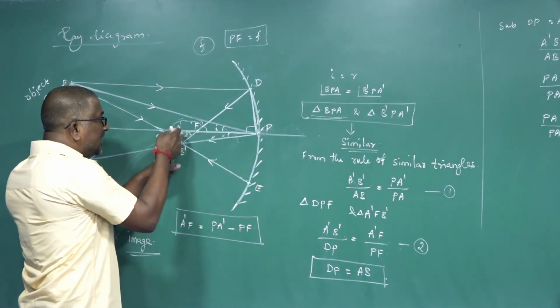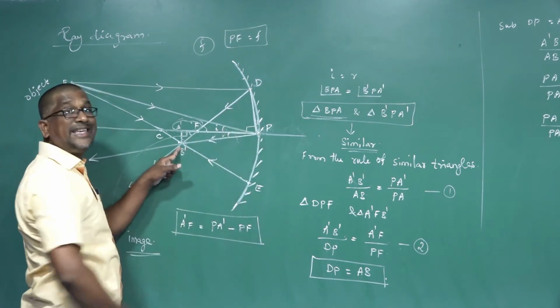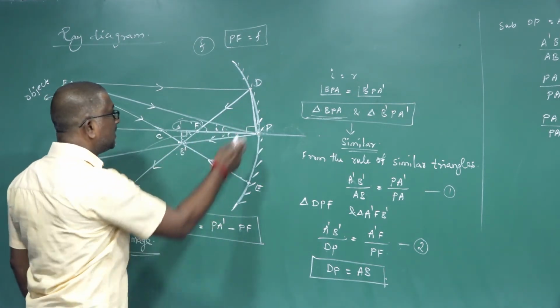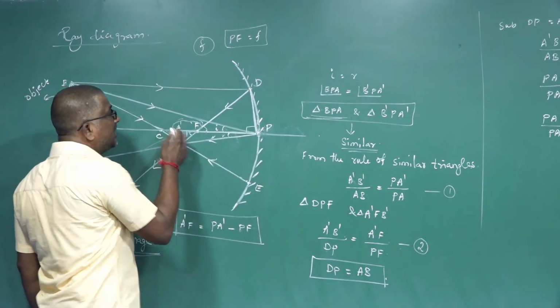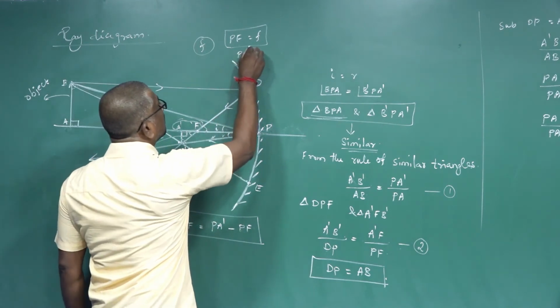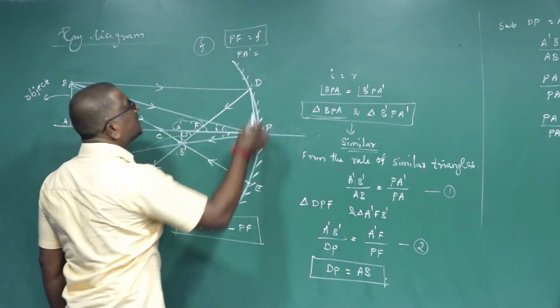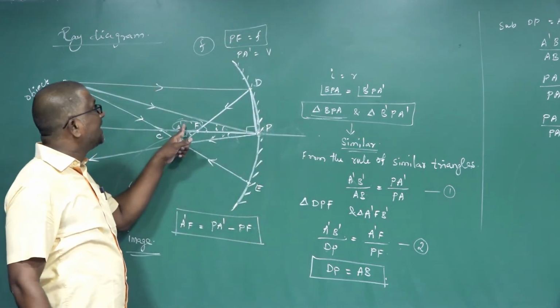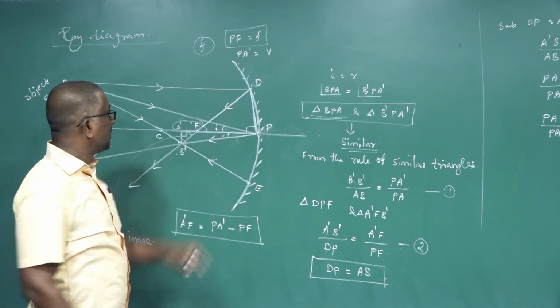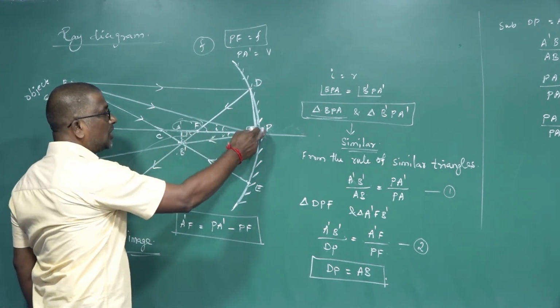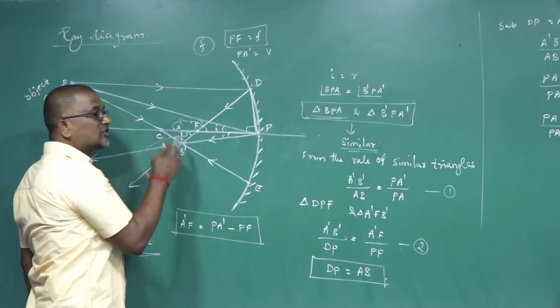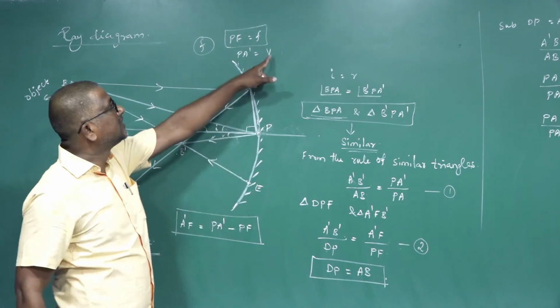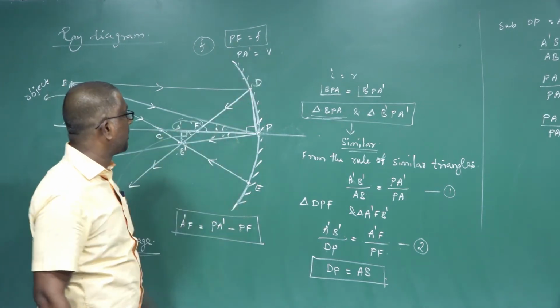The distance between the image and the pole is called image distance. Here the image distance is PA dash. Generally the image distance is represented by v. PA dash is equal to v, because this is the image and this is the pole.